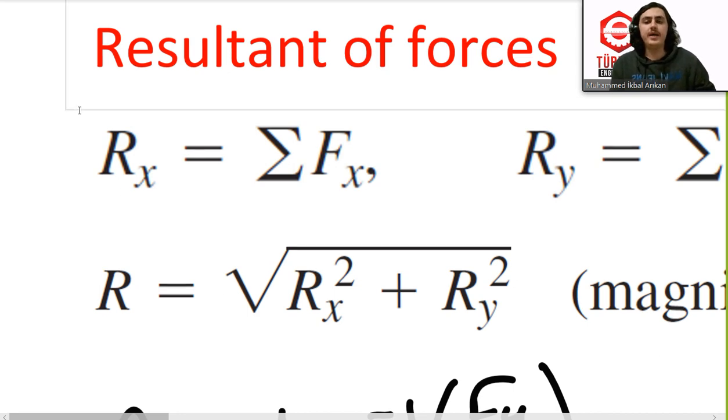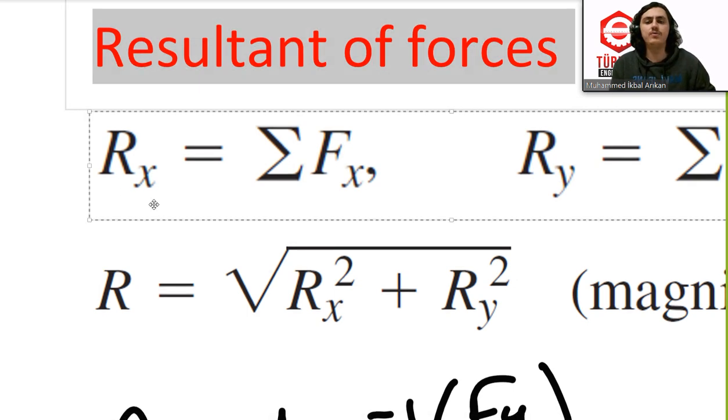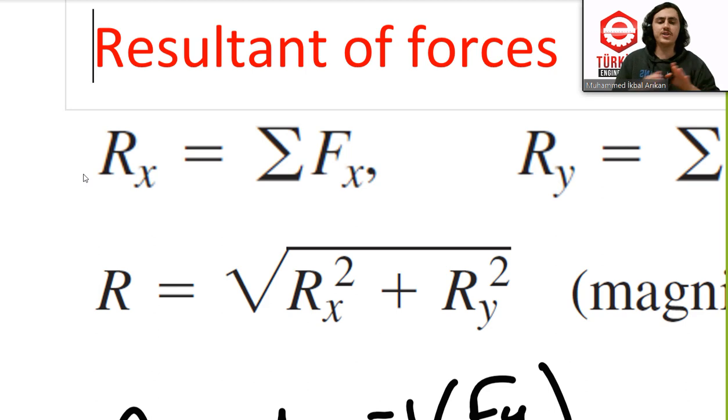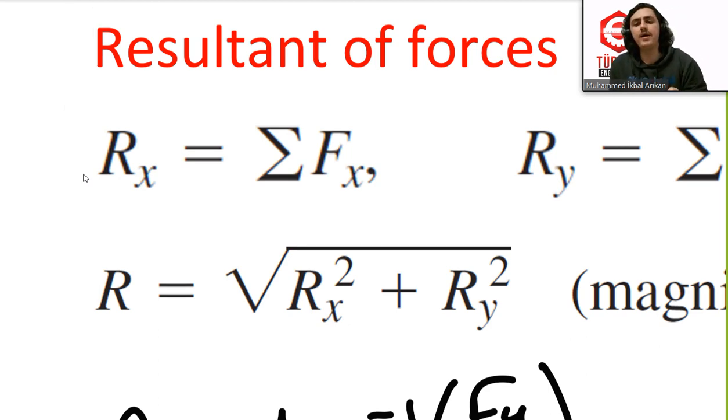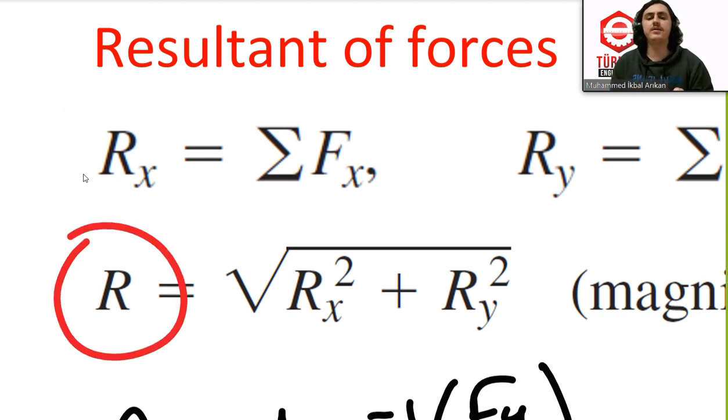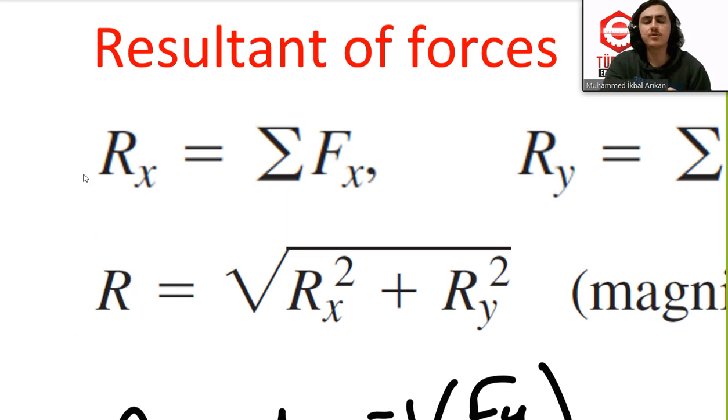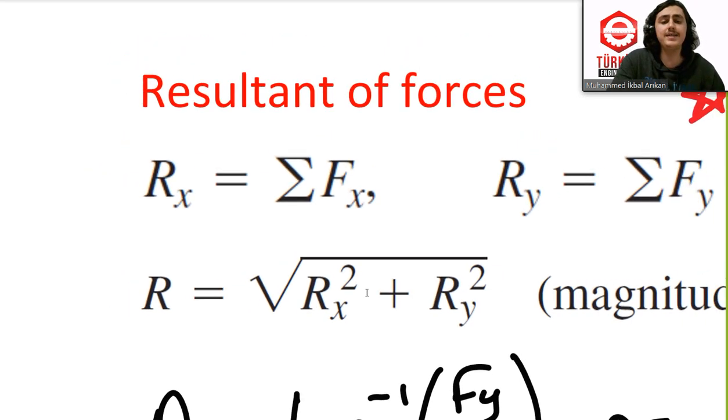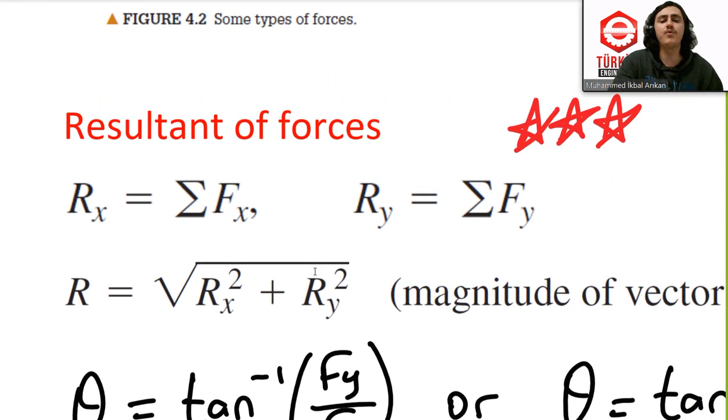As you have two components of the resultant force, in x and in y, you will have a resultant. This is the hypotenuse. So how can I calculate the hypotenuse? Actually, you will take the square root of the x component squared plus the y component squared, as you did for any vector.